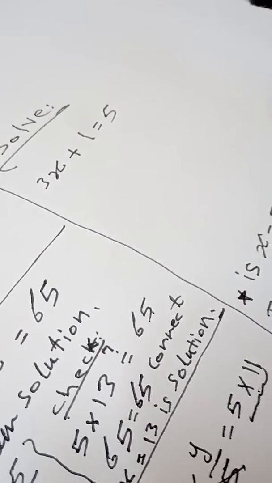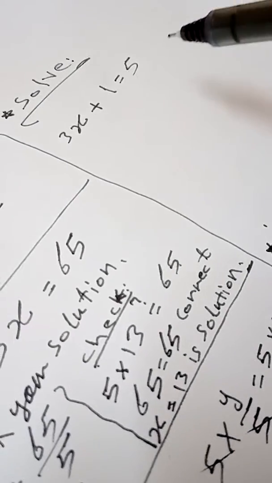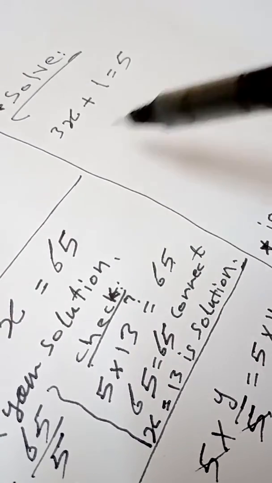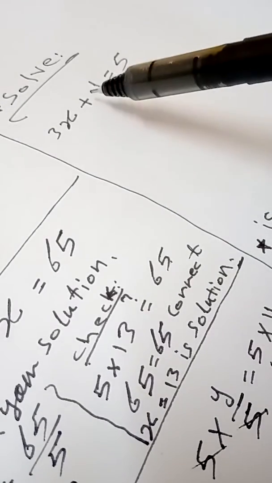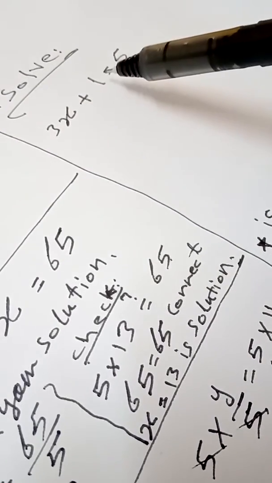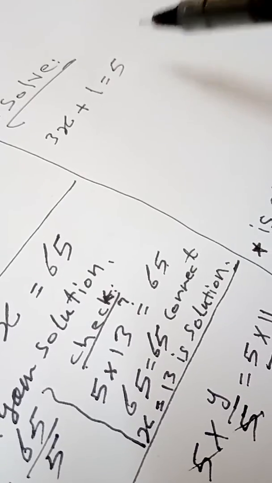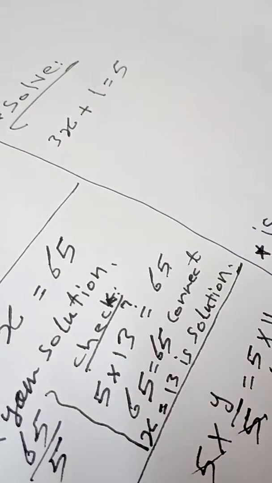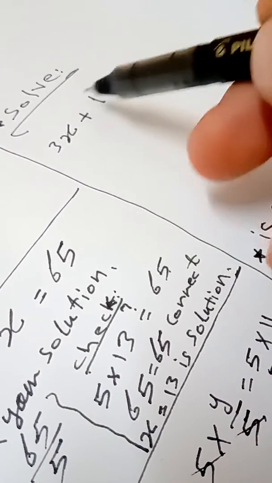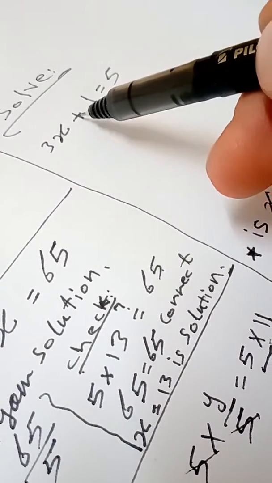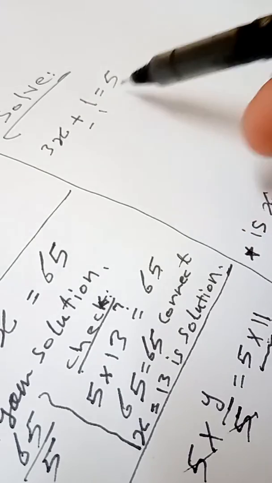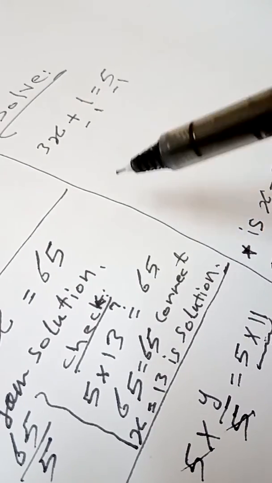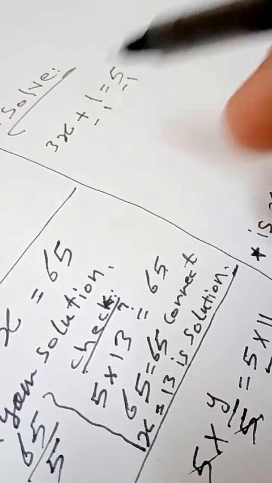Now here we have an equation. We have here a coefficient and we have an added number. This is a mix between the two previous kinds. The first step, try to remove this number. Here we have plus 1, so minus 1, minus 1. Plus 1 minus 1 will be 0.